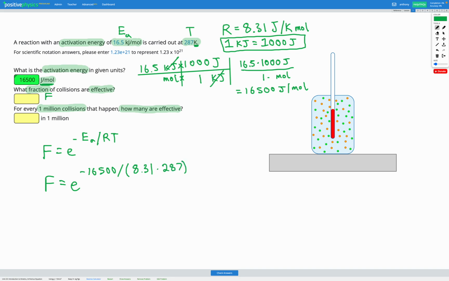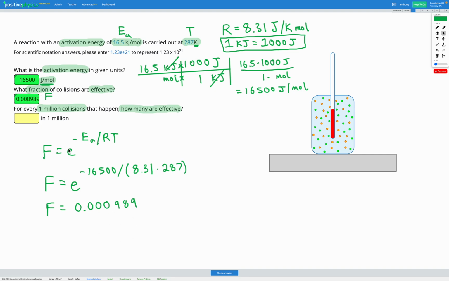So we're going to put that all into our calculator, and that gets us a value for the fraction of effective collisions of 0.000989. So that's our fraction of effective collisions. So let's go ahead and fill that in this box here, 0.000989. Awesome, okay.